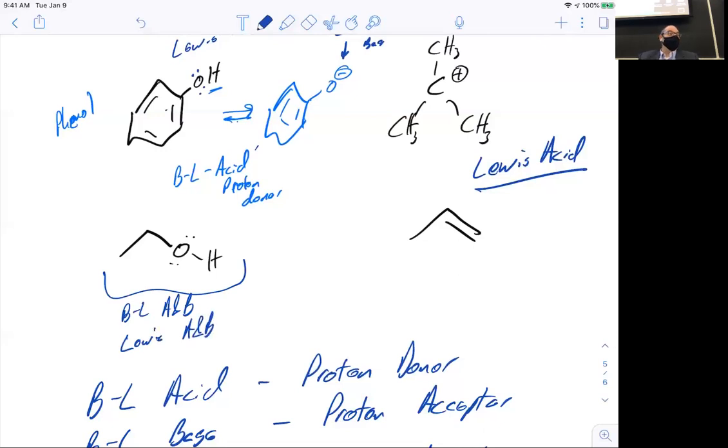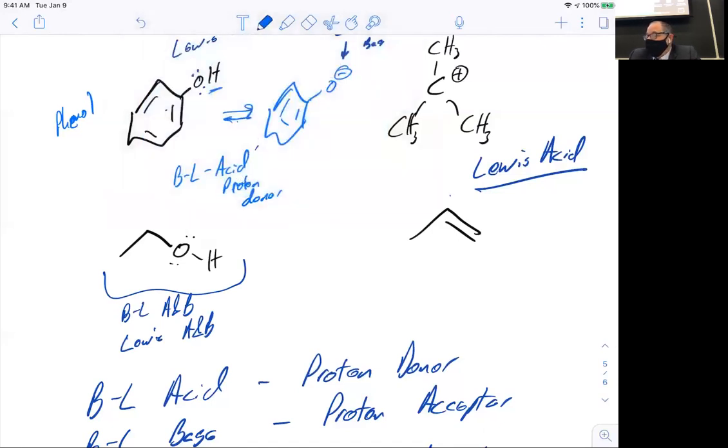It depends on how it potentially is reacting and what it's reacting with, depending on what it's going to behave as.